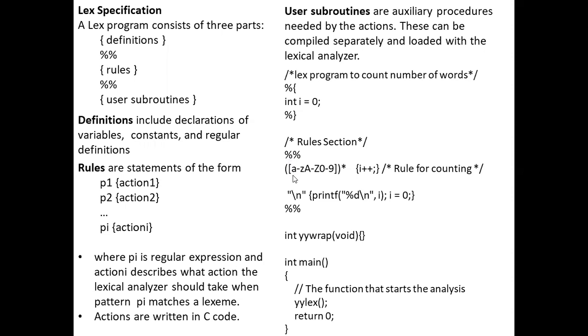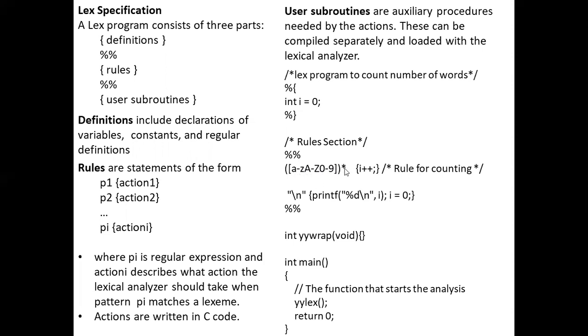What are the rules? [a-zA-Z0-9]*. Can anyone tell me the meaning of this particular part? This is a regular expression, right? It is a string made of small a to z, capital A to Z, or numbers, in any combination.